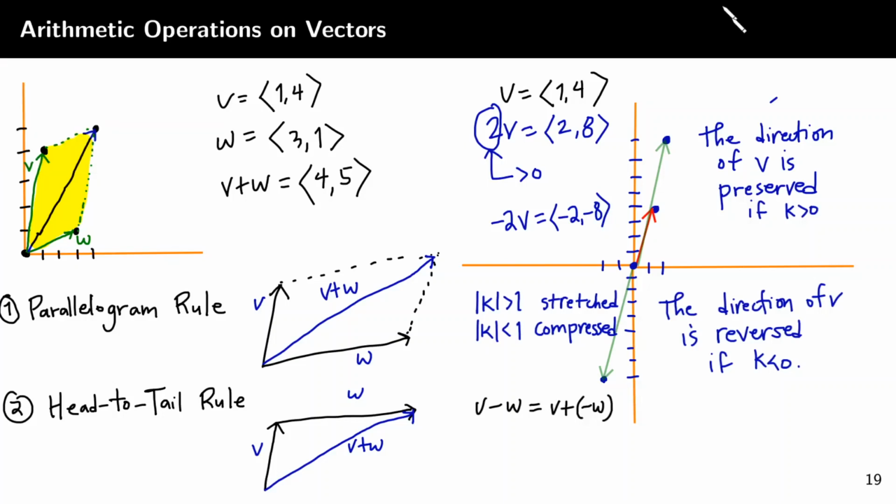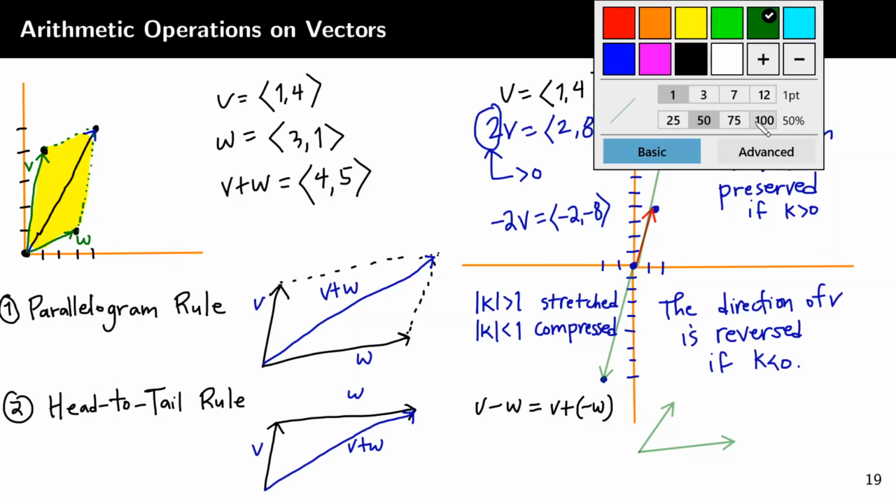Okay. I'm going to draw a different v and w, not the same as this one kasi medyo limited na yung space natin. So suppose ito yung v, ito naman yung w. Now v minus w will be v plus negative w, but nasan ngayon ang negative w?